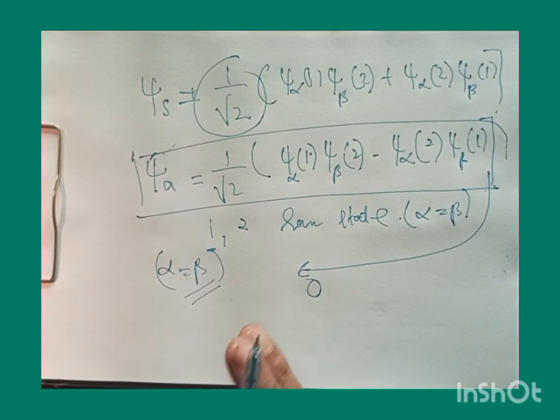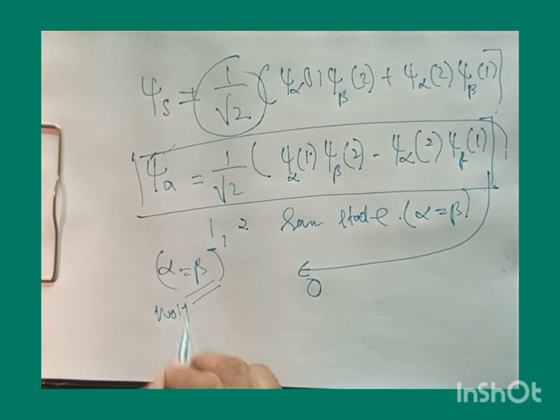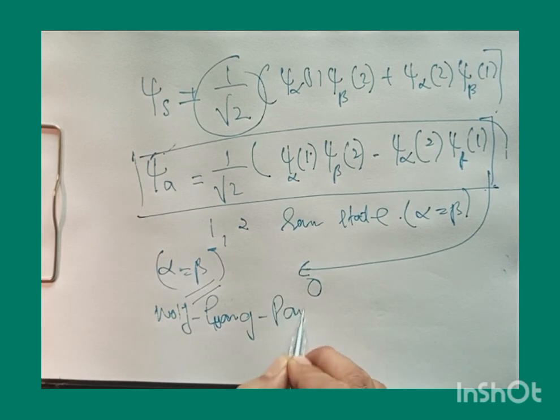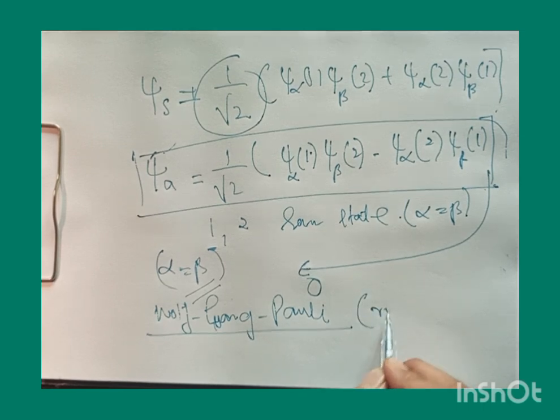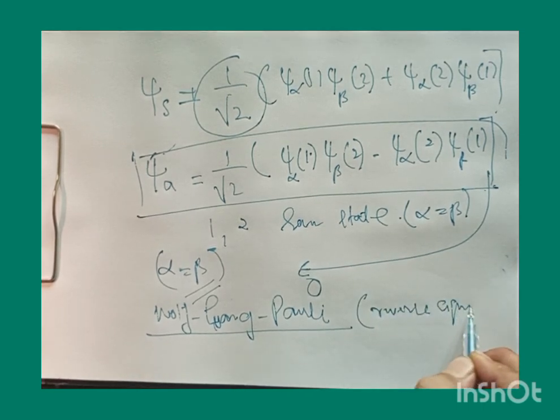This is what led Wolfgang Pauli to state that no two electrons in an atom can have the same set of 4 quantum numbers that we have talked about. So what we find is that systems of electrons are described by wave functions that reverse sign on the exchange of the particles.